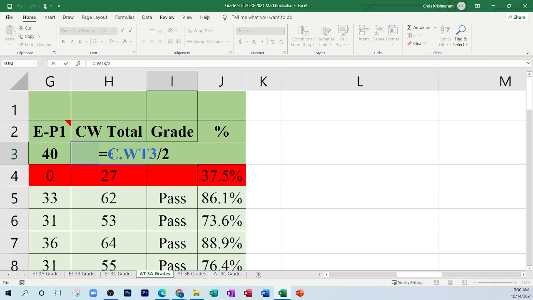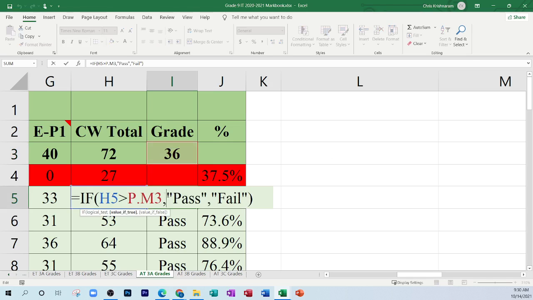I used it in this grade column, divided by 2 to get half, because I considered half as pass. So I divided that by 2 and got half of 72, which I considered as my pass mark. If you look at the name box once again, I named this cell P.M3, basically pass mark.